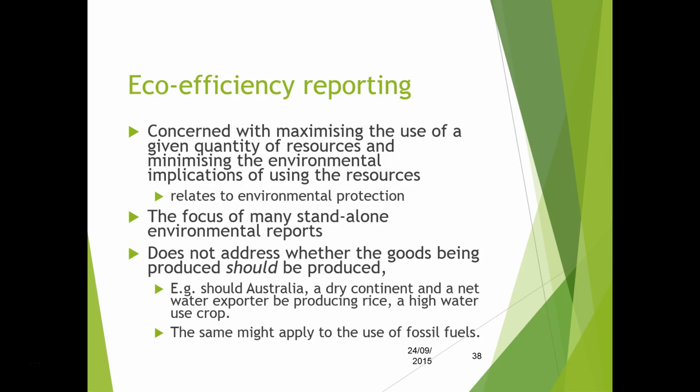And there's an example there about water. Rice being produced in Australia or the production of fossil fuels, and that's certainly one that's come up with this Shenhua mine, the coal mine, and also the Adani coal mine, the Indian company that are looking to start up their mine close to the Great Barrier Reef.